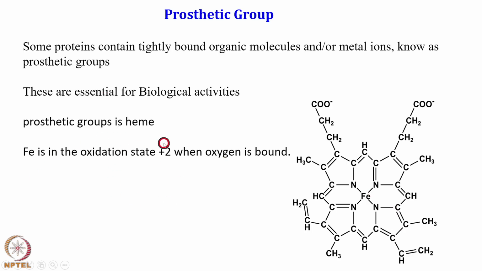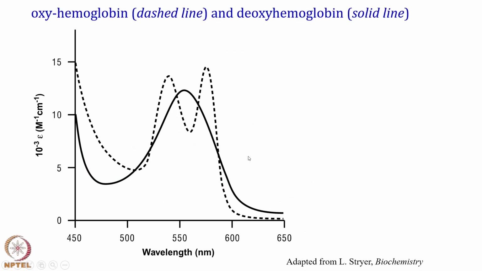So, heme is in oxidation state +2 when it is bound to oxygen, right. The oxyhemoglobin and deoxyhemoglobin, you can see a solid line for deoxy at 550, and for oxyhemoglobin this line is split, right. So, split one around 570 and another around 540.